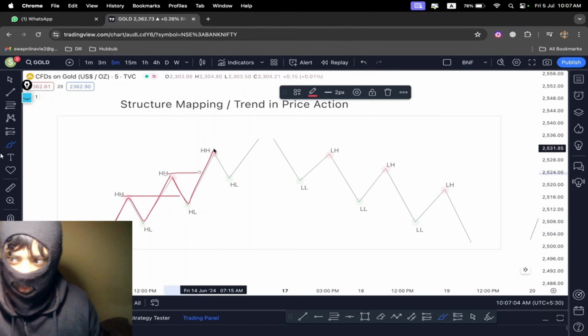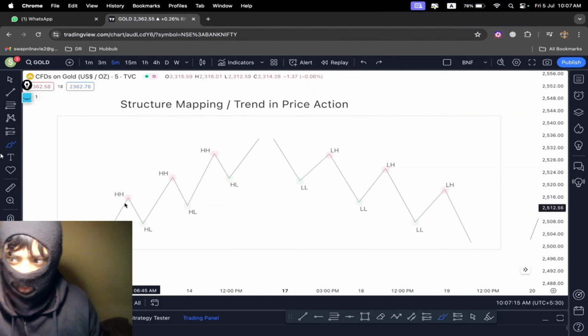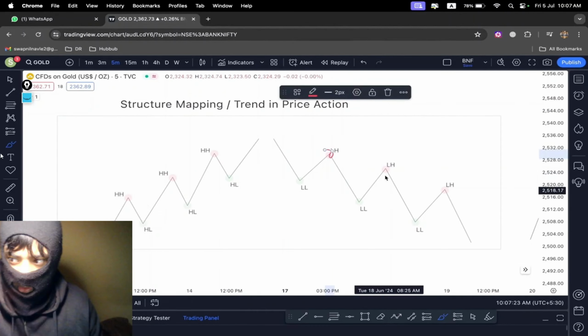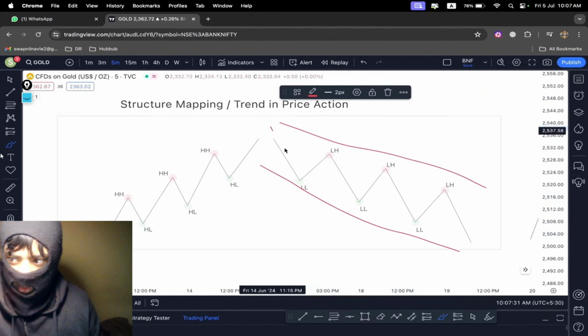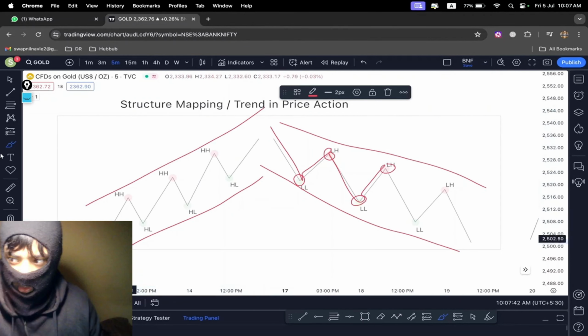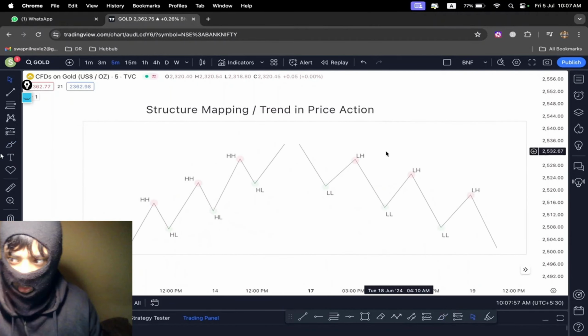In an uptrend: higher high, higher low, higher high, higher low. In a downtrend: lower low, lower high, lower low, lower high. This is price action structure mapping.